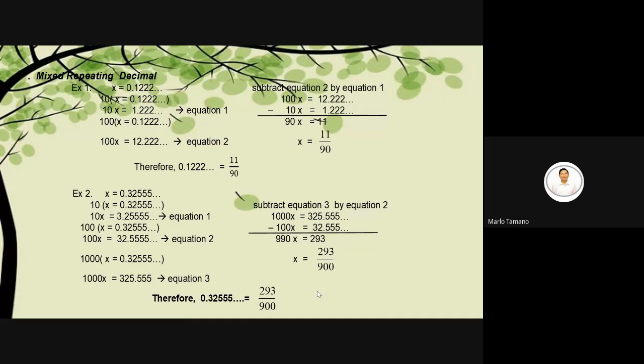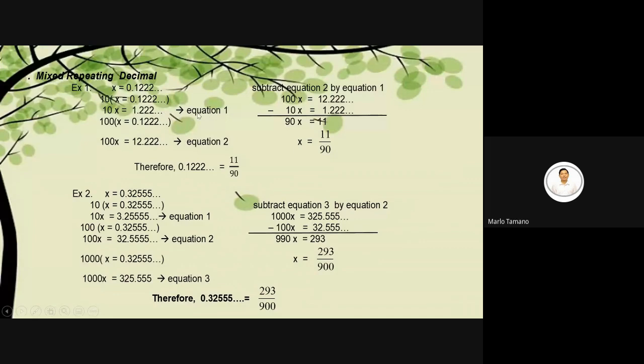Kapag ganito po ang nangyari, no? Yung x is equal to 0.1222 ay i-multiply natin ng 10. Okay? Pagka-multiply ng 10, ito na po yung mangyayari sa kanya. 10 times x is 10x. Dito naman, nagiging 1.2222.